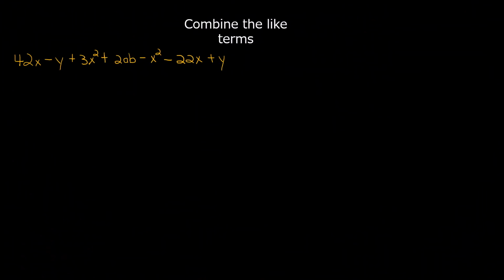So here we have an expression here. As a matter of fact, let me rewrite this expression because I don't like how it's too close to the title and I don't want it to confuse. So let me go ahead and rewrite this expression somewhere, put it in the middle. 42x minus y plus 3x squared plus 2ab minus x squared minus 22x plus y.